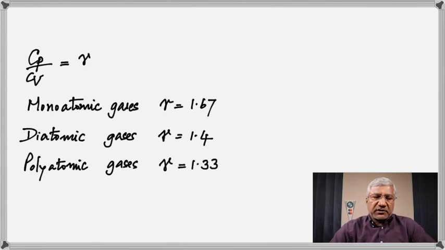You got to remember that. So the ratio of specific heats is always greater than 1, and these are the values. Also remember, if it's an ideal gas, it is considered to be monoatomic, therefore gamma would be 1.67. You need to know that.